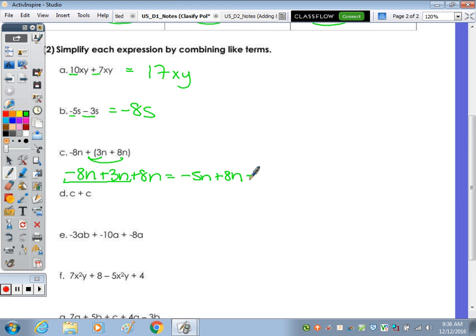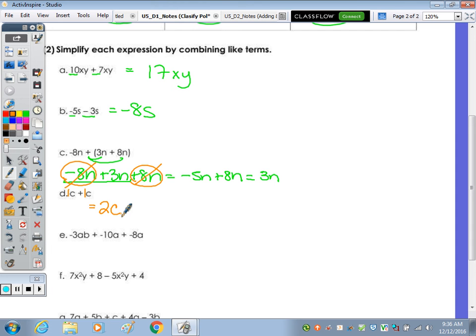Add the last 8n, and you get 3n. If you notice right up front, this negative 8n and positive 8n are inverses, so they would cancel out, and we're left with 3n. C plus c, you can think, again, if there's no coefficient written, it is a 1. So 1 plus 1 is 2, keeping the c.